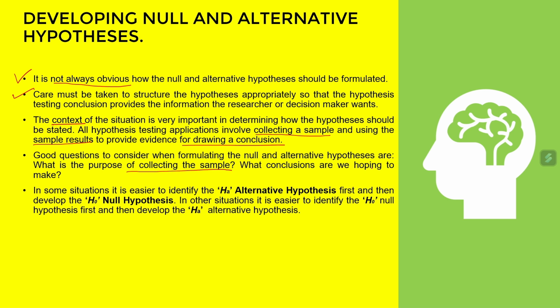And what conclusions are we hoping to make? In some situations, it is easier to identify HA, the alternative hypothesis, first, then develop the null hypothesis. In other situations, it is easier to identify H0, the null hypothesis, first, and then develop the alternative hypothesis.